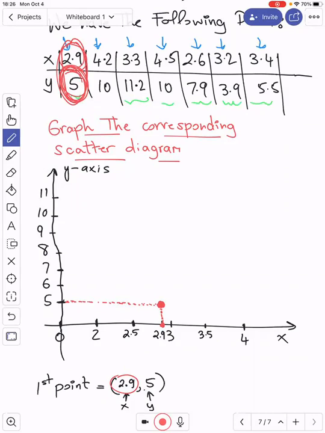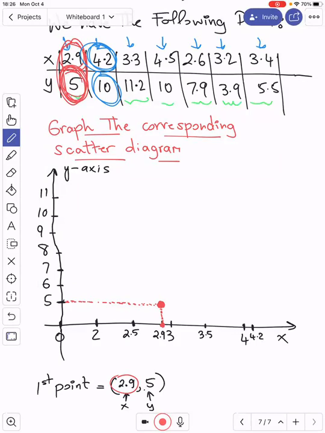Next point. As you can see, the x is 4.2, and the corresponding y is 10, right? So first we start with the 4.2. Where's my 4.2? It's kind of close to 4. So let's say this is my 4.2.